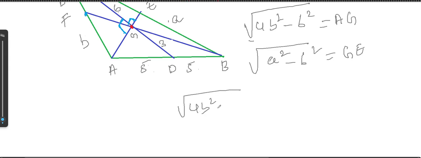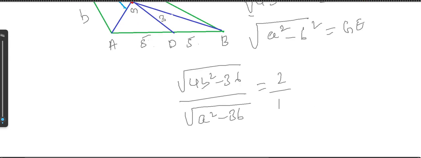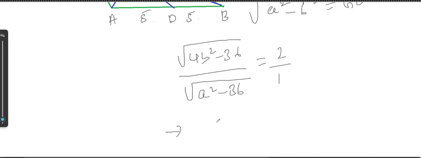4b square minus 36 divided by A square minus 36 is going to be equal to 2 by 1. So this can also be rewritten as 4b square minus 36 divided by A square minus 36 is going to be equal to 4.